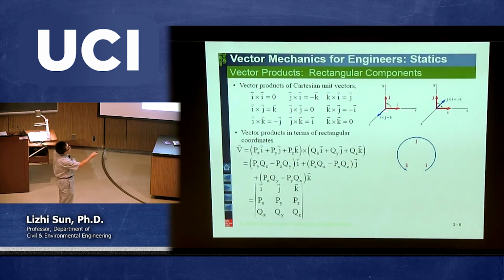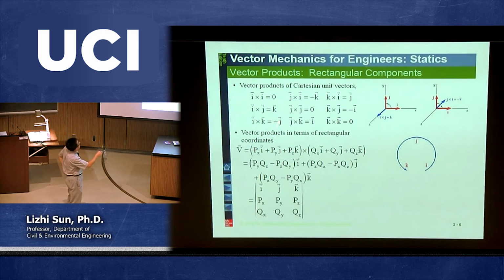Let's go back and look at this one. This is i and this is k, and the result should be perpendicular, which means in the y direction. Now you need to use the right-hand rule to see whether, going from here to here, it's going down. So the direction is the negative direction of the y-axis, which is called negative j.